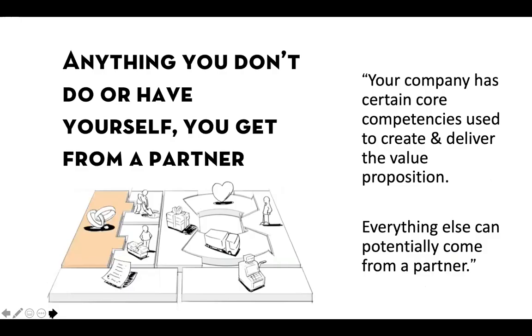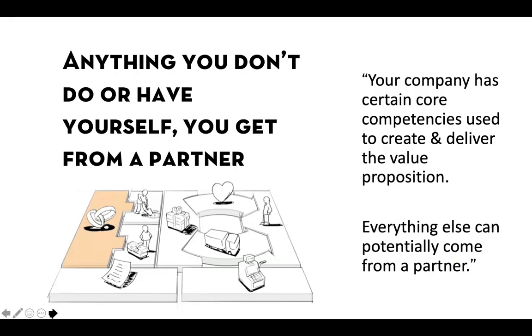And the final element of the business model is actually partners. So anything that is not a core activity for the business, that is not a competitive advantage, or that can be done by somebody better than you, you would outsource, and you will have there a partner.